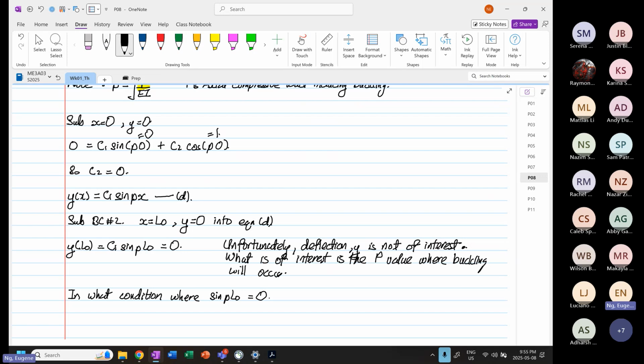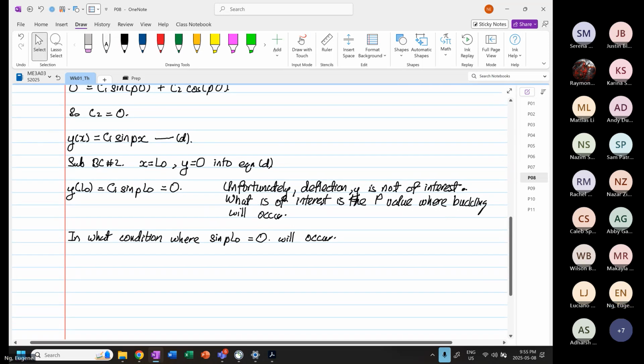So sine of 0 is 0. Sine of pi will be equal to 0. Sine of 2 pi will also be equal to 0.